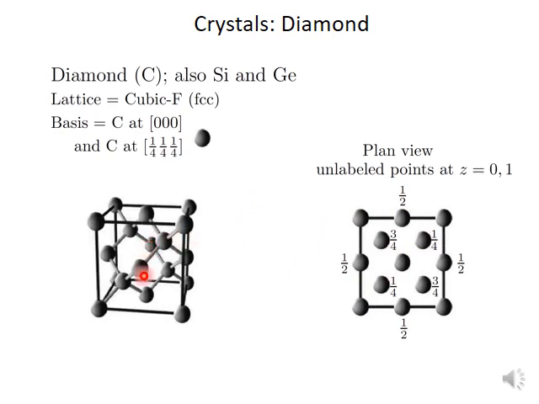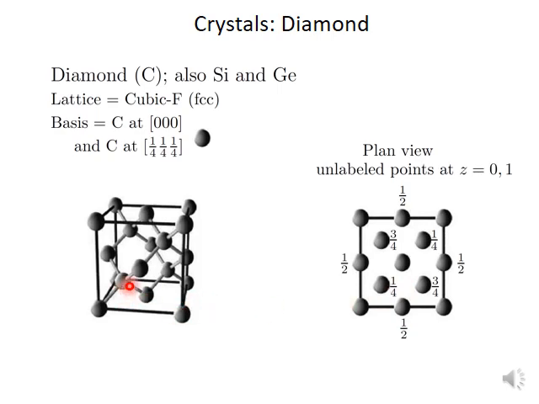You have the FCC lattice points, which are on the faces and on the corners, and apart from them you have an extra atom here, which is represented in the top view by this circle, at 1/4 height from the base plane.